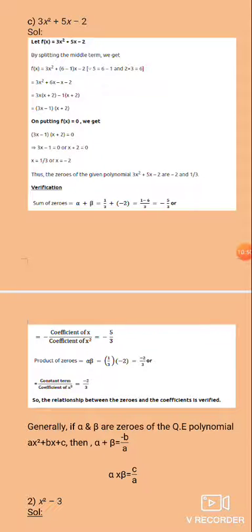Then the product of zeros alpha into beta is equal to what? C by a. So minus b by a means what? Minus of coefficient of x by coefficient of x square. A is what? Coefficient of x square. Alpha into beta, c by a, means what? C is the constant term, a is the coefficient of x square.